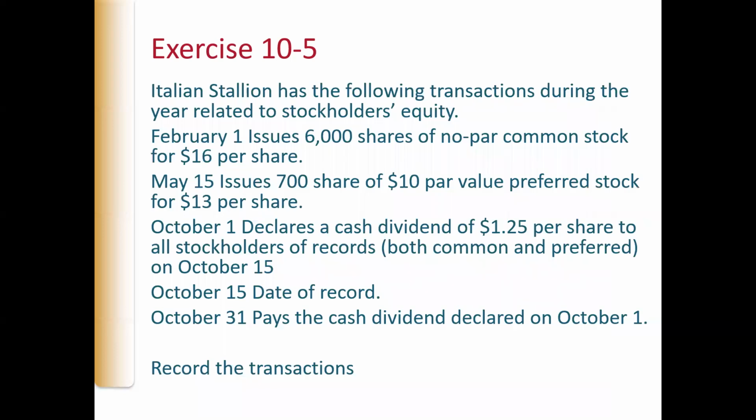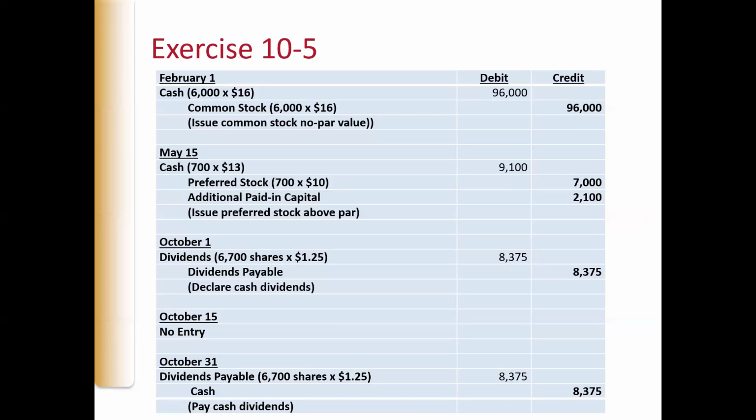On October 1st, we declare a cash dividend of $1.25 per share to all stockholders on record. It's at this time we're going to debit dividends, 6,700 shares at $1.25.